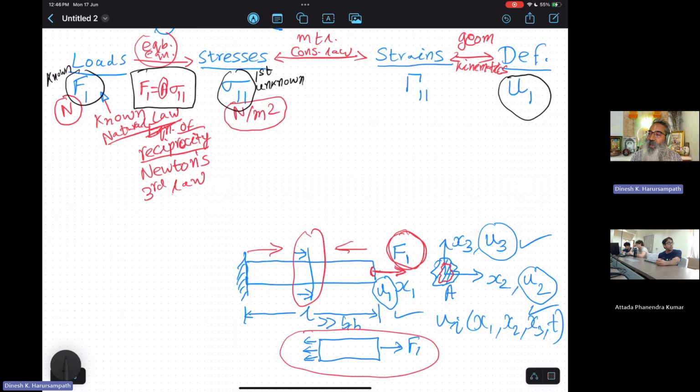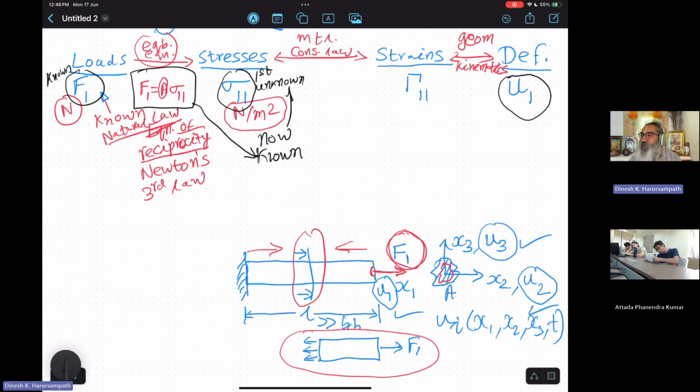So our next step, the second step that we want, is to go from what is now known, because we have introduced the equilibrium equation. So in the presence of this, it becomes a known.